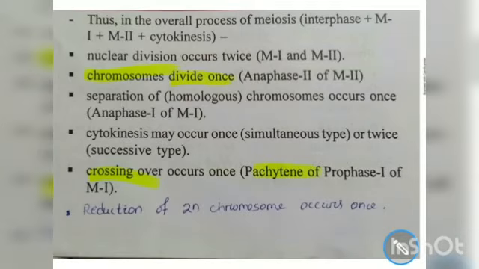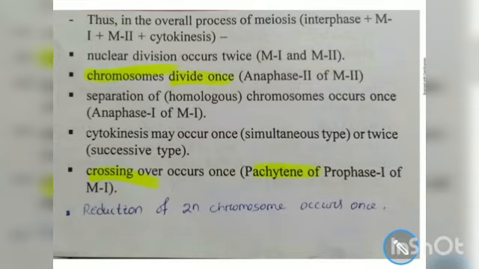Now look here. Overall, what we have seen is that the nuclear division occurs twice, that means in M1 and M2. Nuclear division means the chromosomal contents, the nucleus divides. Then the chromosome divides once.